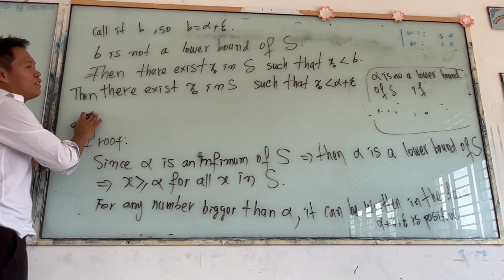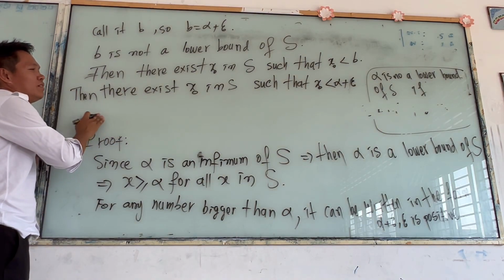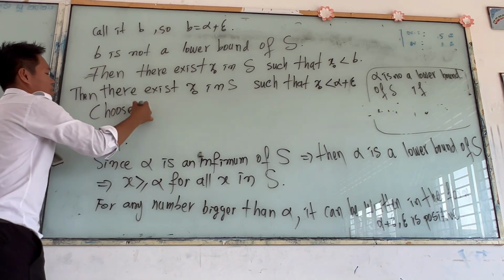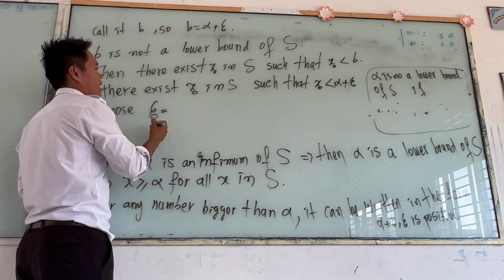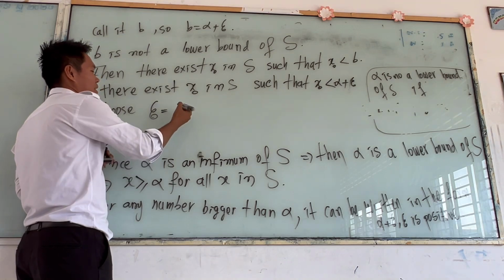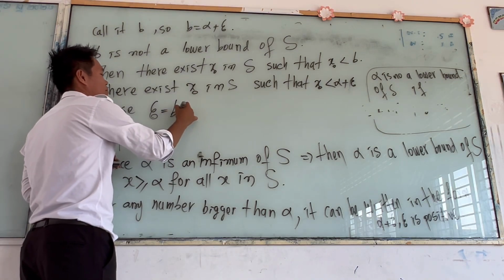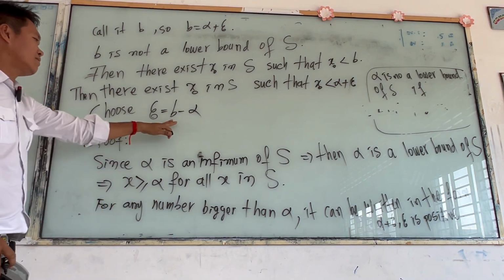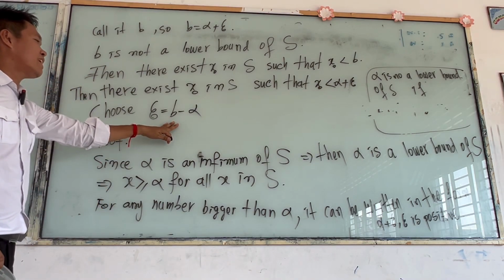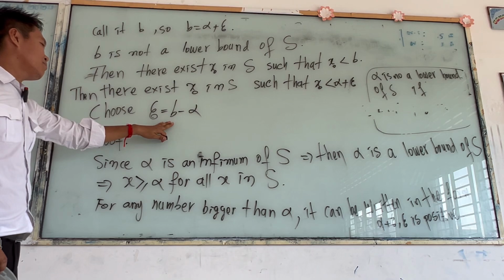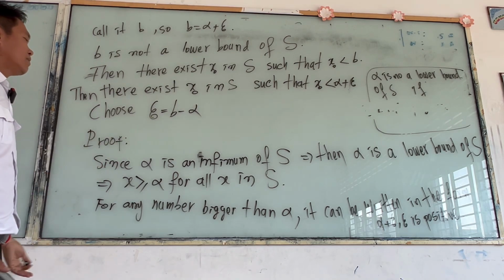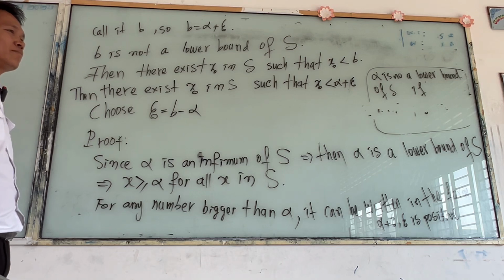Moreover, if you want to choose a general epsilon, you can choose epsilon equal to b minus alpha. Since b is bigger than alpha, b minus alpha is a positive one. We can choose epsilon like this in general.